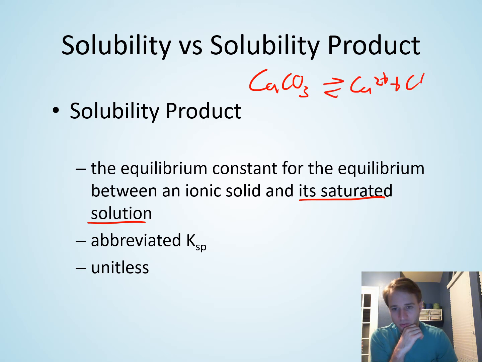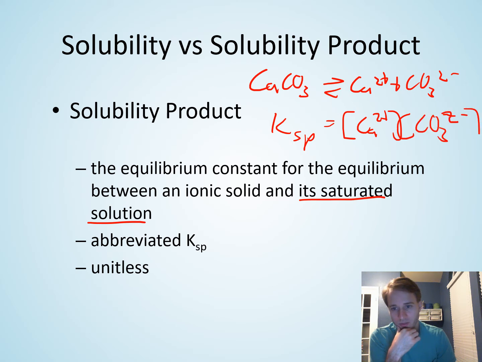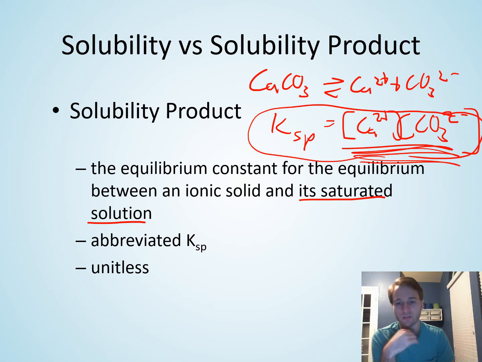Say in that calcium carbonate example, the concentrations of Ca2+ and CO3 2- in solution are the equilibrium concentrations in this Ksp. Those concentrations are the concentrations for a saturated solution, because a saturated solution is a solution that's in equilibrium with solid, which means these concentrations satisfy this equilibrium constant expression.